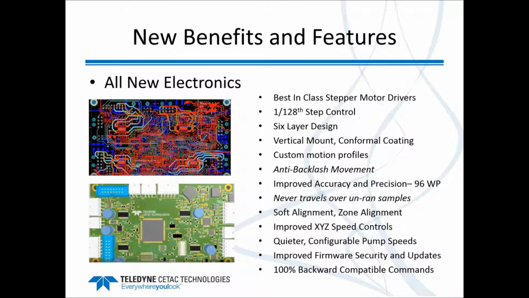Other improvements include the electronics that have been implemented with the new autosampler line. So this would be the 560, the 280, and the 860 that have replaced the ASX 520 and ASX 260 and Accelerate. So the new electronics have a variety of new features. Mostly the movement profile now is much more smooth and graceful.